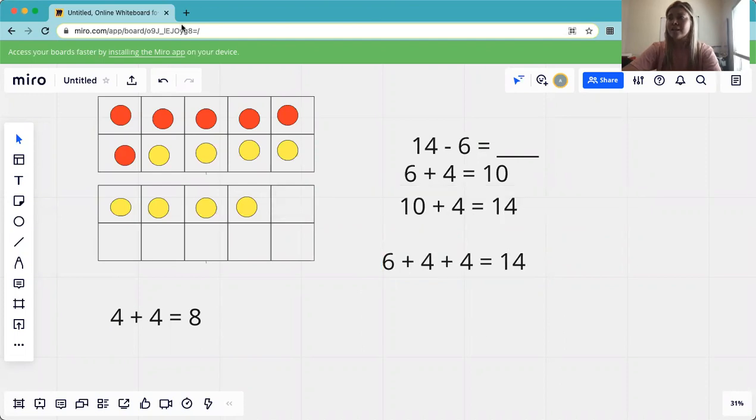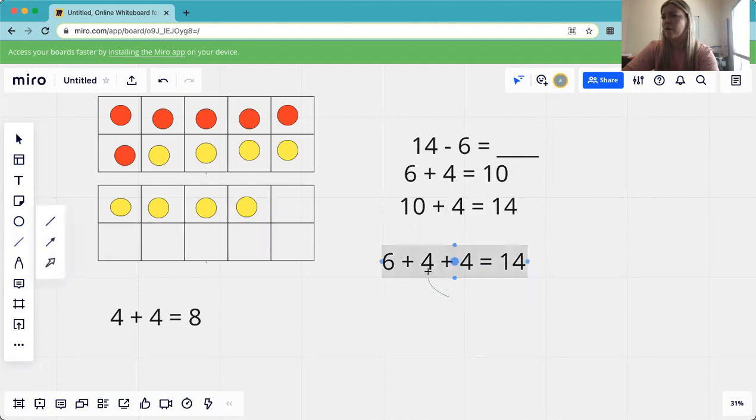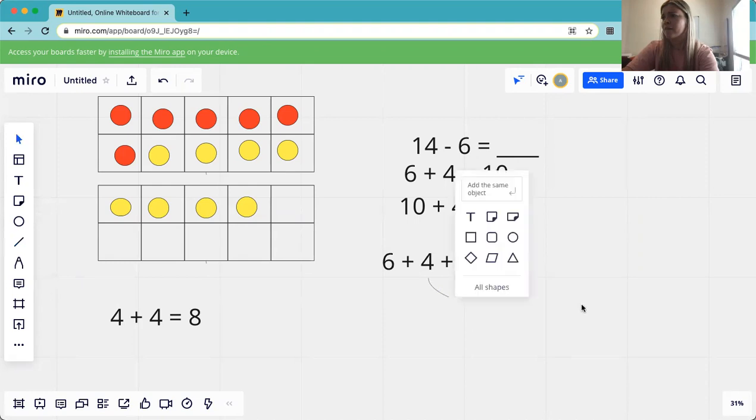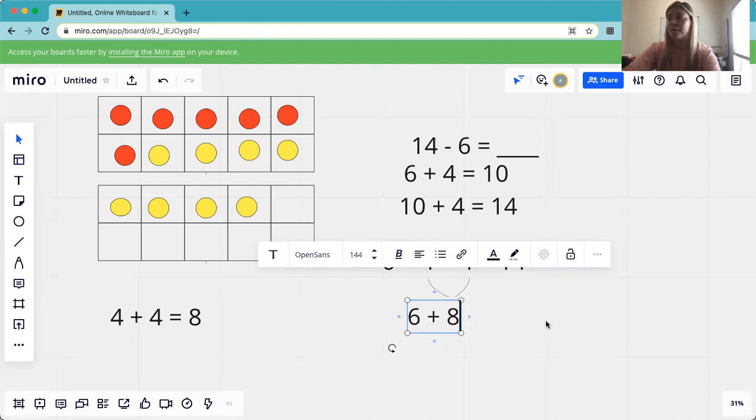So if I'm going to add these 2 together, I can have my 4 here and my 4 here, which I can make a problem that says 6 plus, because I'm adding that 4 plus 4, which would be 8.